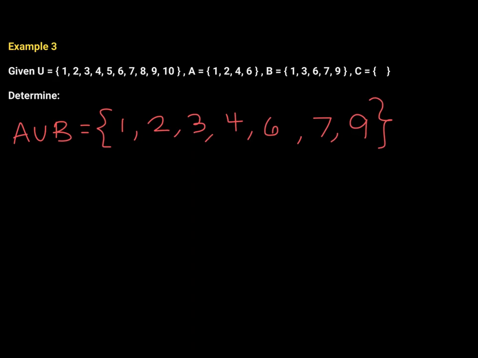Now, one thing I'd like to note is although you see 1 in A, you also see 1 in B, don't list it twice. In set notation, you never repeat elements. So this is A union B. And again, this is in order from least to greatest, but please remember that order does not matter in set notation.